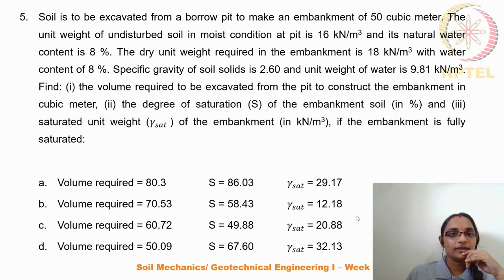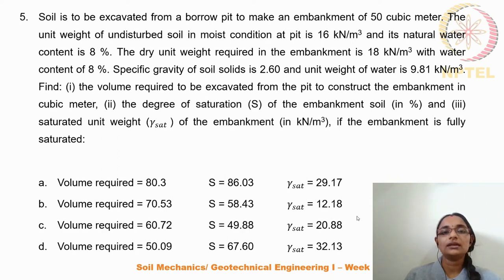Soil is to be excavated from a borrow pit to make an embankment of 50 cubic meter. Unit weight of undisturbed soil in moist condition at pit is 16 kilonewton per meter cube and natural water content is 8%. The dry unit weight required in the embankment is 18 kilonewton per meter cube with water content 8% itself.